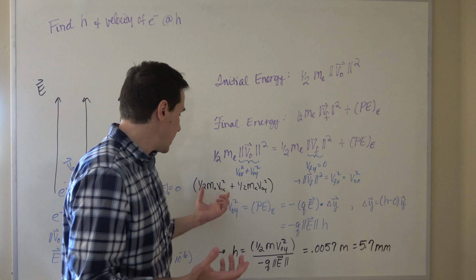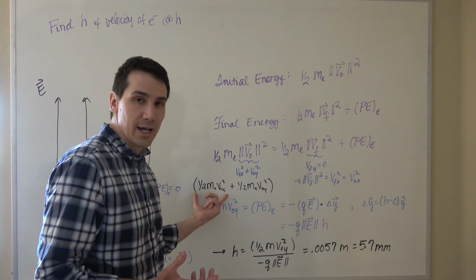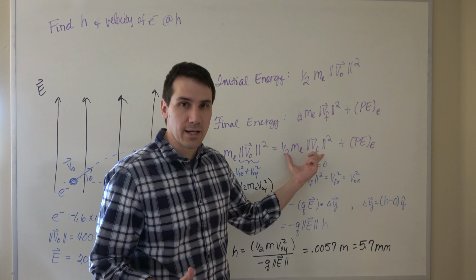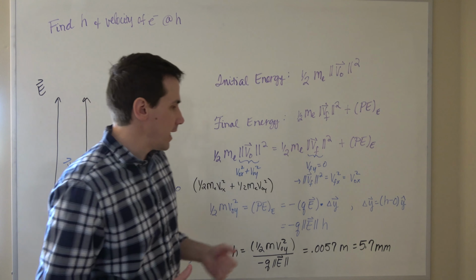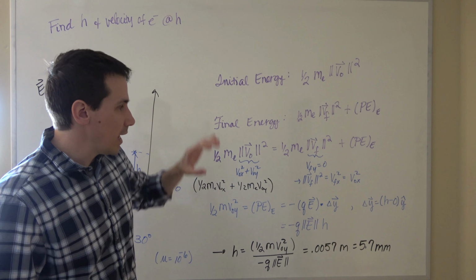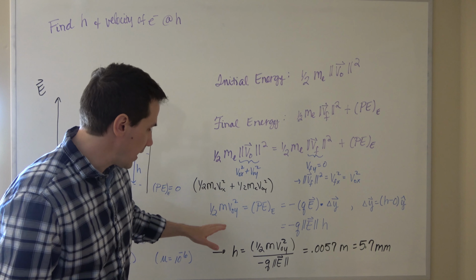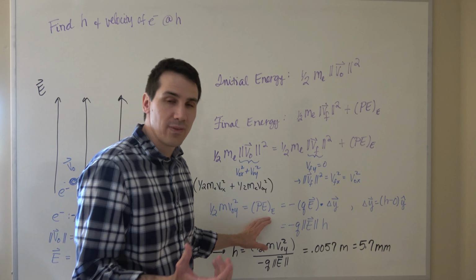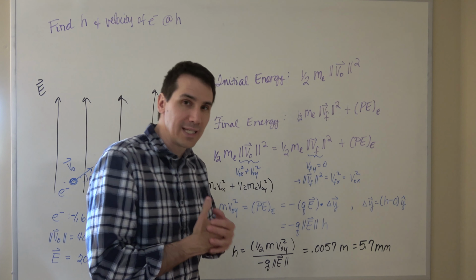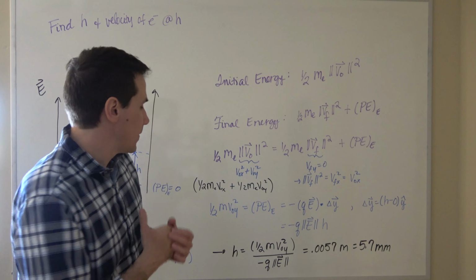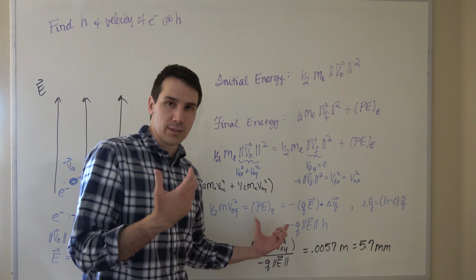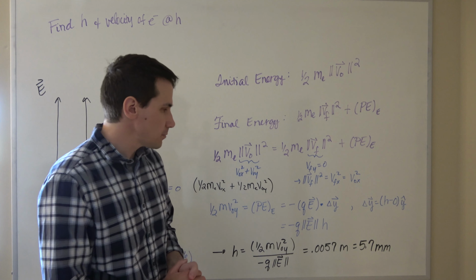And we now have a term that looks like 1/2 m v naught x squared on the left and a term that looks like 1/2 m v naught x squared on the right, which will cancel each other out. So after that cancellation, we find that our 1/2 m v naught y squared is equal to the potential energy gain of our system. That is, we traded our y kinetic energy for electric potential energy.